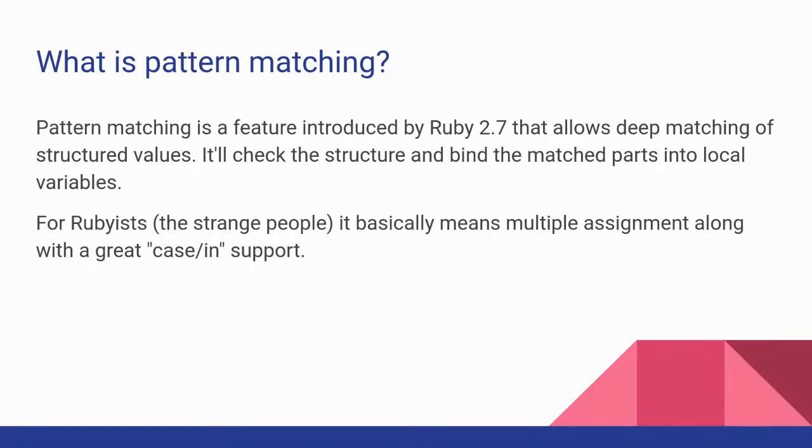We'll see that basically there are two different things we can do with pattern matching in Ruby. We can test values against some pattern, and we can also extract variables from these patterns. For Ruby developers, it basically means that we're going to have multiple assignment along with a great case statement.